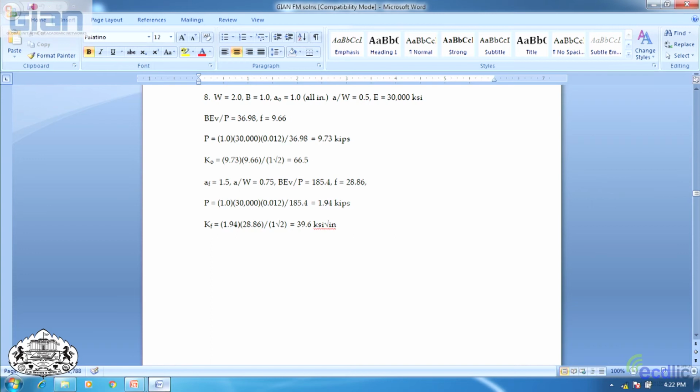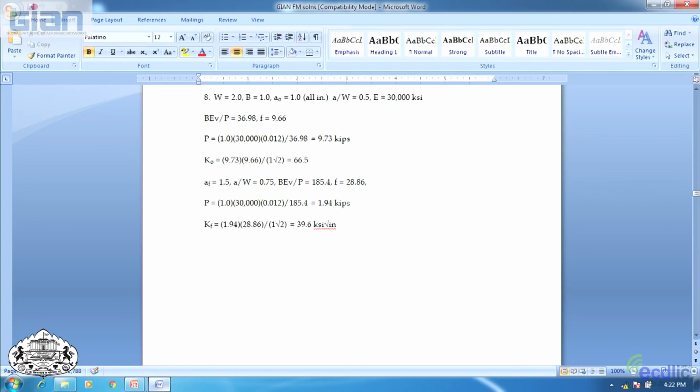I didn't get it on there. But anyway, you have to use your table, and the reason the table is so important is that everything we do comes off of that table in terms of linear elastic fracture behavior. So BEV over P and F, you have to back out the P for the initial condition, 9.73, and then the initial K value was 66.5.